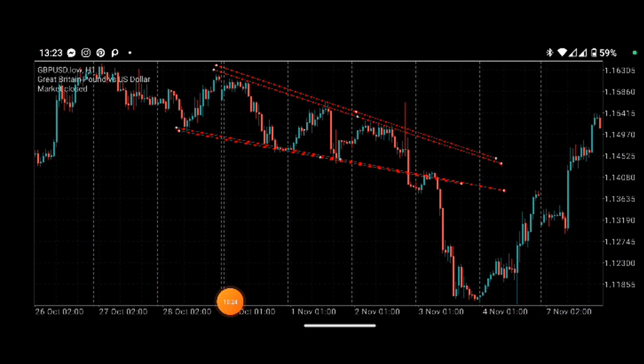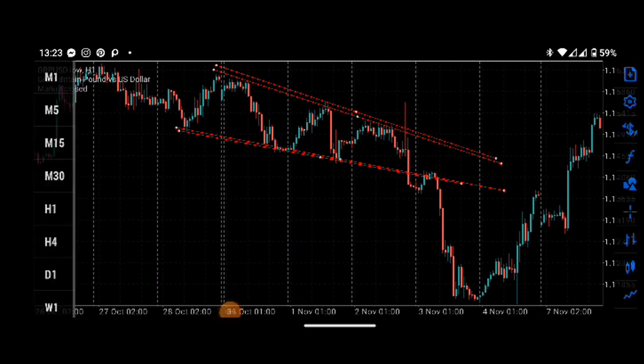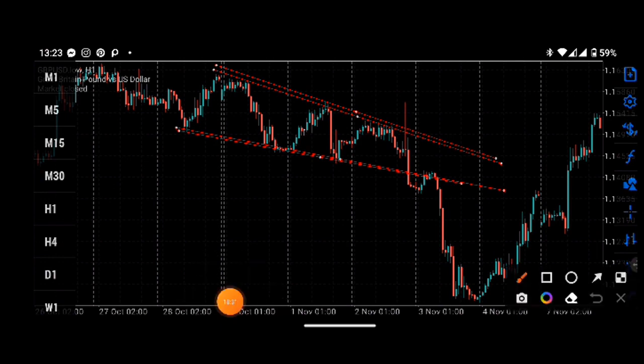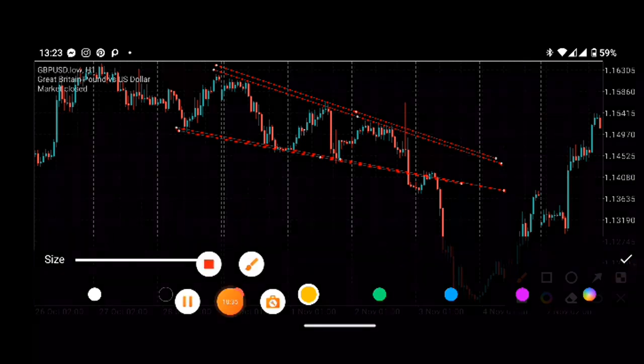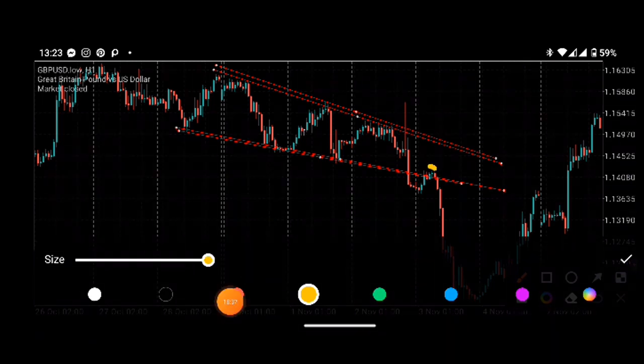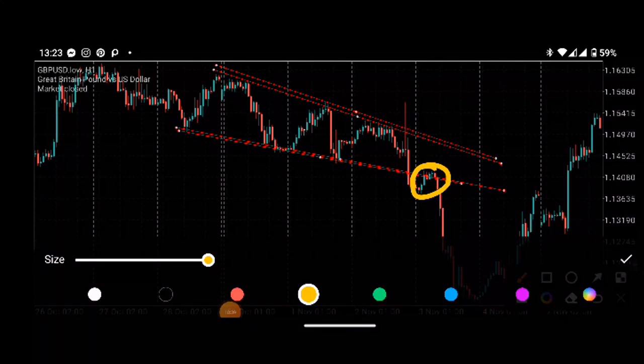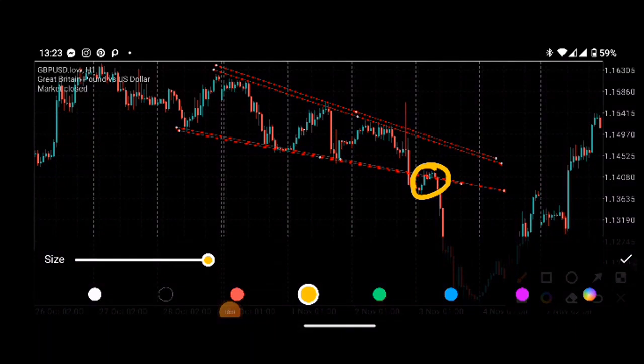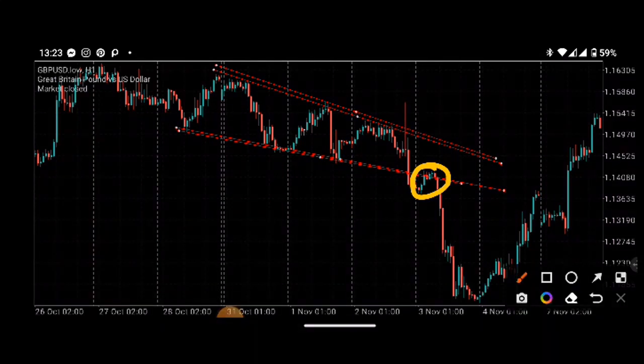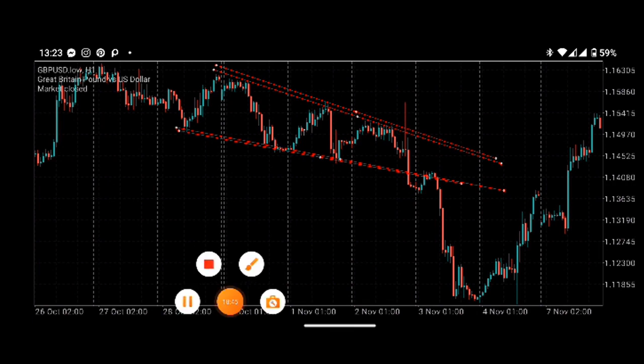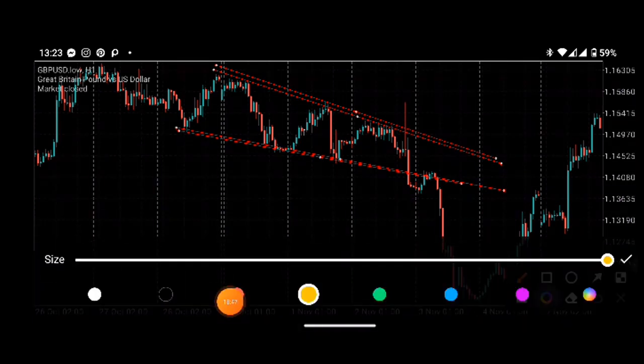Also, a very important point of note is when your price breaks your structure, right here, it's that point right here. If you look at what has happened in the market, you notice that the price already broke our structure at this point, okay? It broke our structure, and now it's trying to test it again.